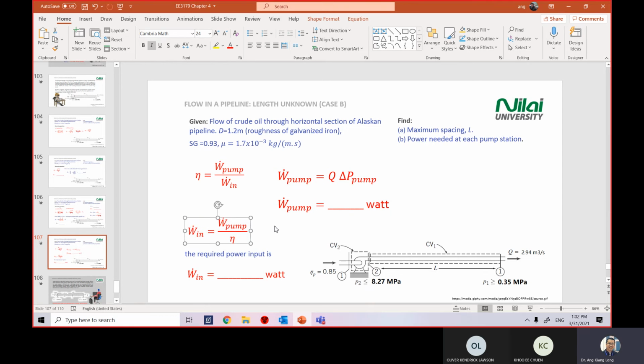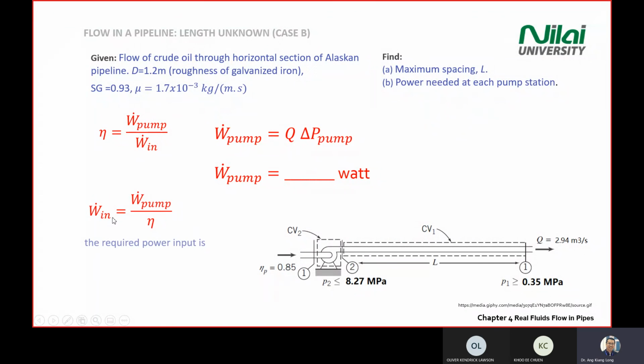Yeah, correct. So your power in equal to your pump power divided by your efficiency. Okay, by using the efficiency equation, output divided by input. So you rearrange the efficiency equation, you're able to find what is your required power.